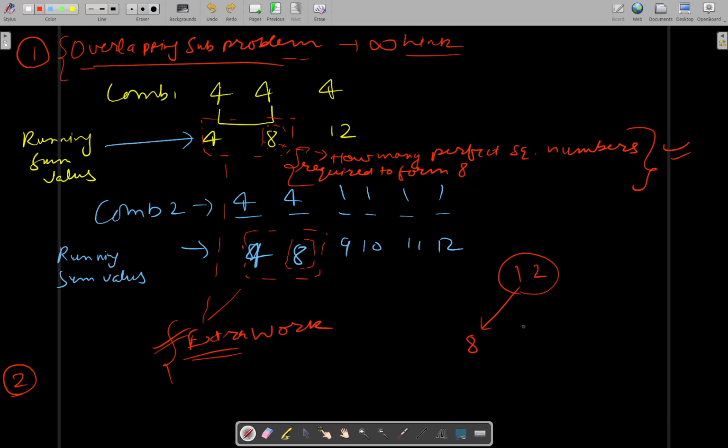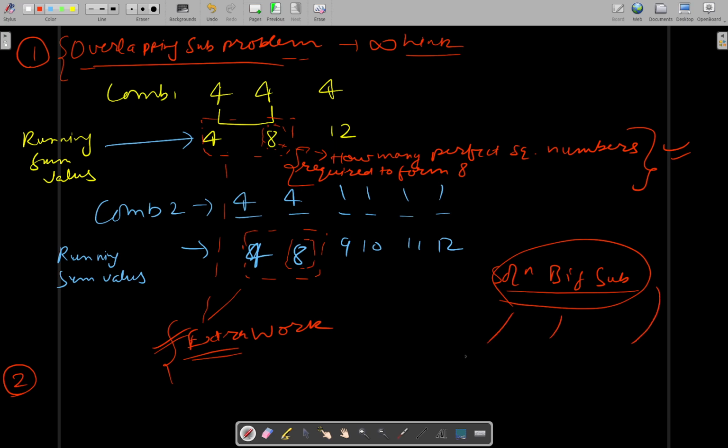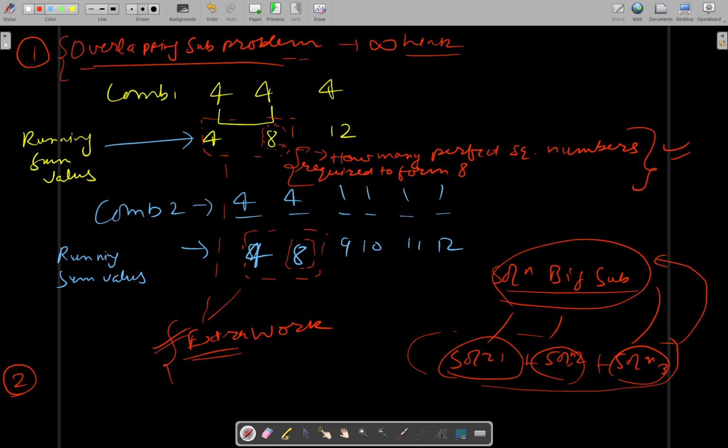Or, another way of saying that is, the solution of bigger subproblems in this problem can be derived from the solution of smaller subproblems. Let's call this solution 1, solution 2 and solution 3. So subproblem solutions can be combined and used to derive the solution of a bigger subproblem. This is a property that is being satisfied here.